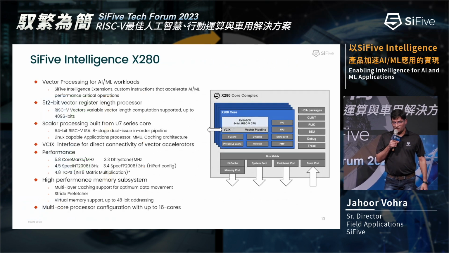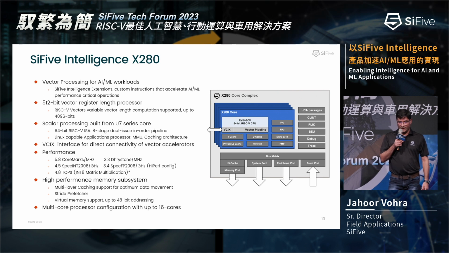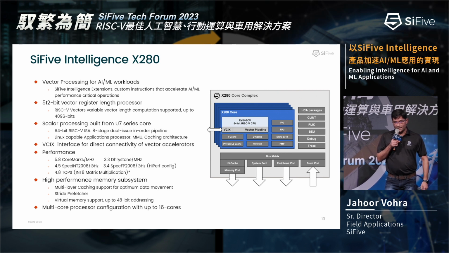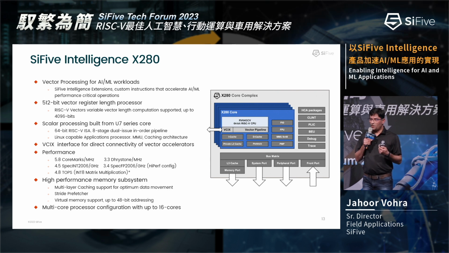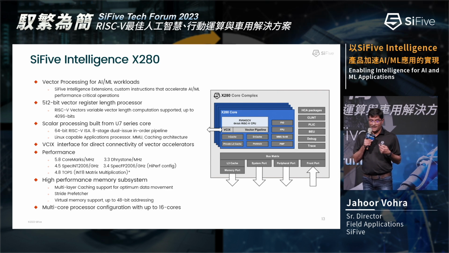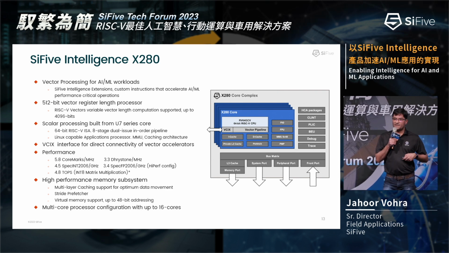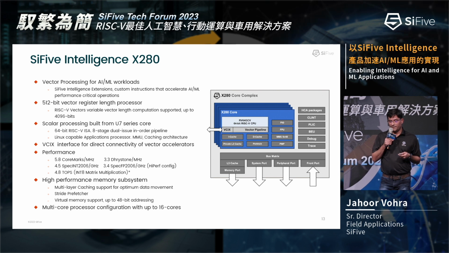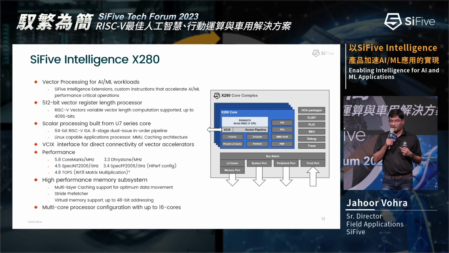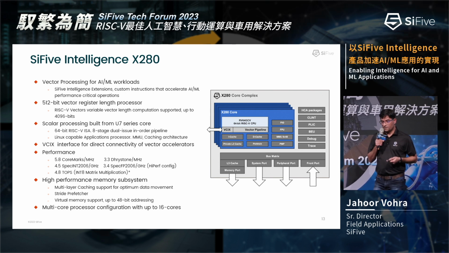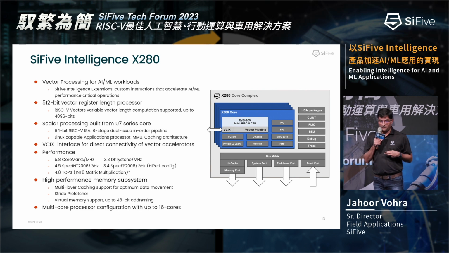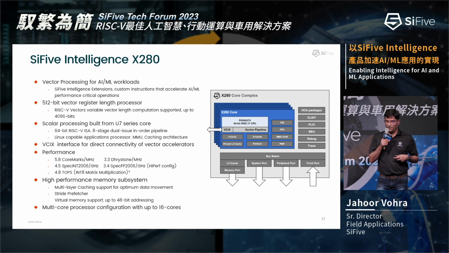Okay, so let's look at a little bit more detail on the X280. As I said earlier, the X280 not only implements the standard RISC-V 1.0 specification, but SiFive implemented custom extensions to help accelerate AI applications. To that effect, we have various forms of fast matrix multiply instructions that are incorporated into the design.